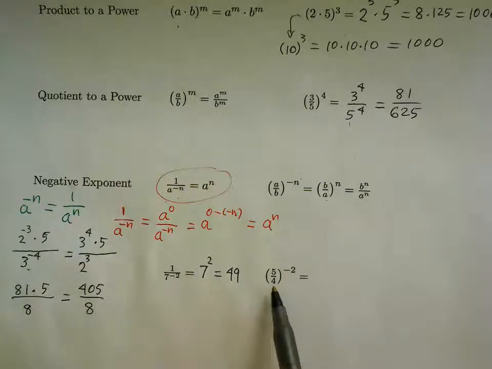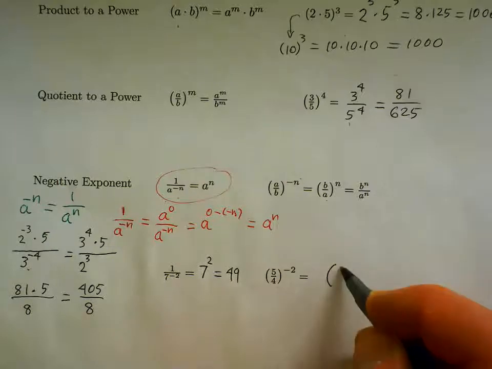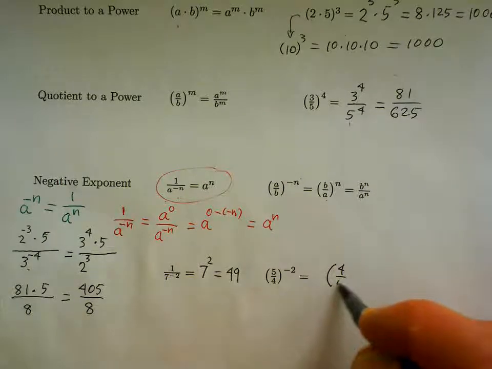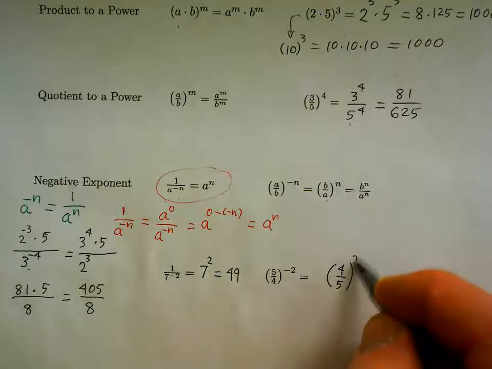So if you have a fraction raised to a negative exponent, then write the reciprocal of the fraction. The reciprocal of 5/4 is 4/5. And then change the exponent to positive 2.